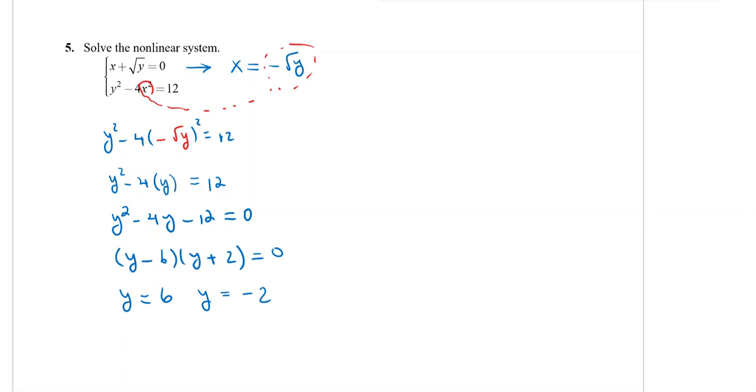So then we'll just go to this handy dandy substitution formula and plug those values in. When y is 6, x is negative square root of 6, and there's nothing more we have to do to solve this. When y is negative 2, x is negative square root of negative 2.